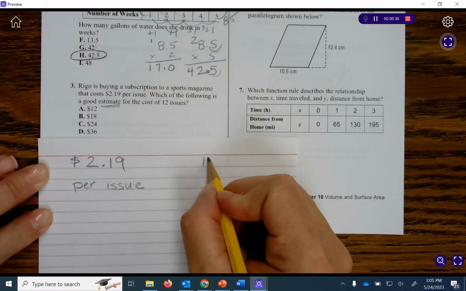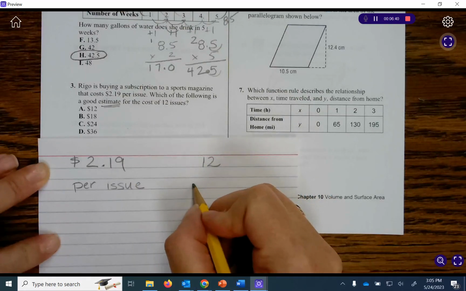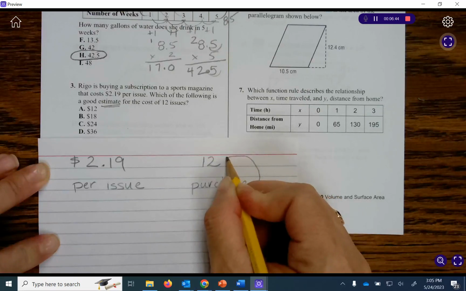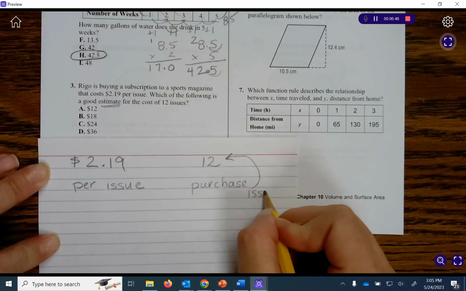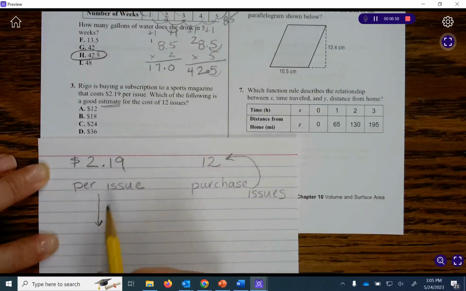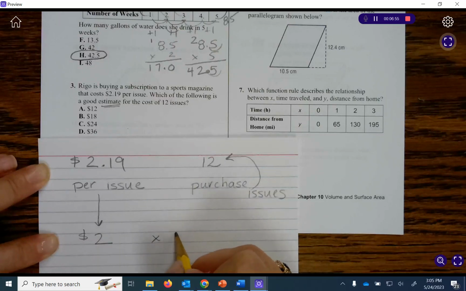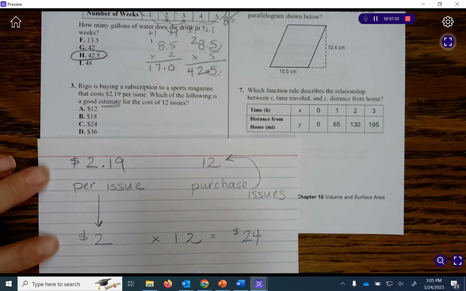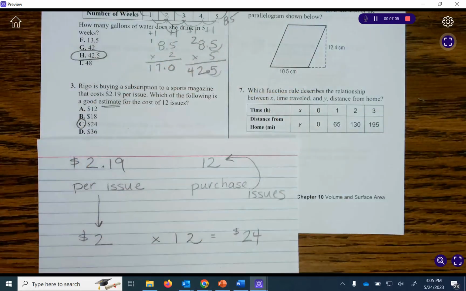And he wants to purchase 12 issues. I'm going to round $2.19 to $2. I'm going to keep 12 because 2 is an easy number to multiply by, and that will give me $24 approximately, which is answer choice C.